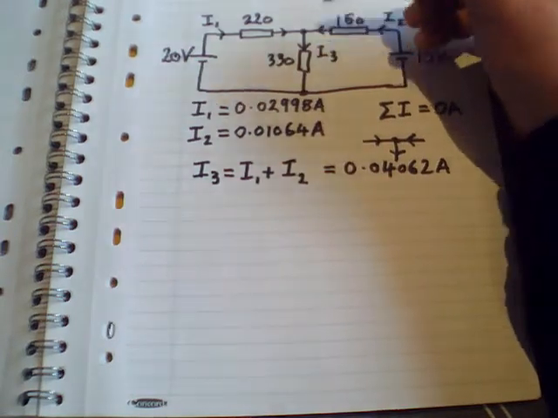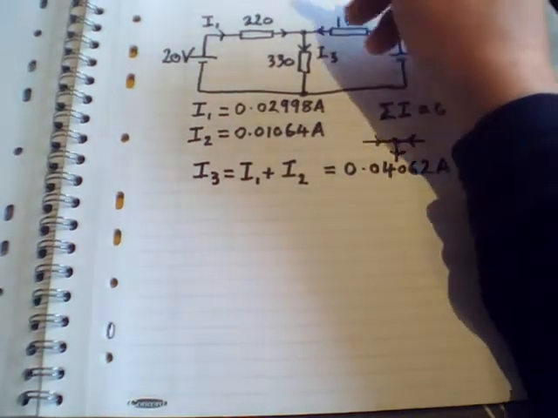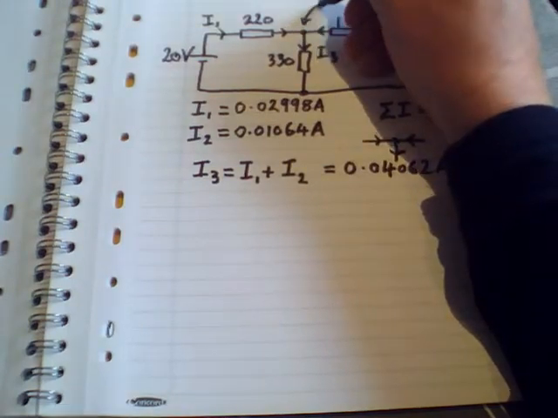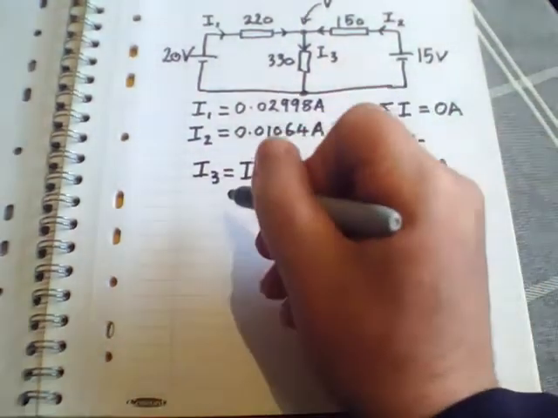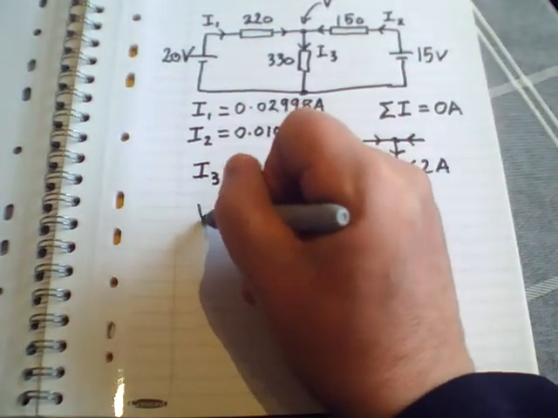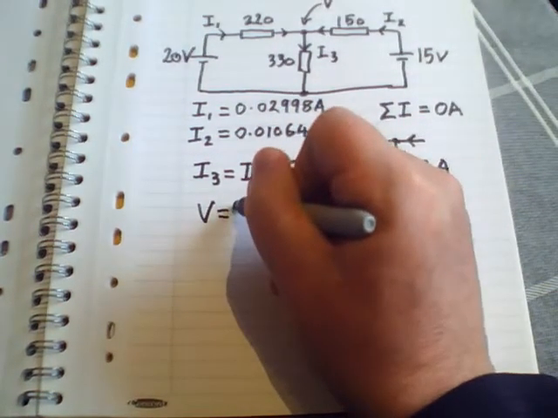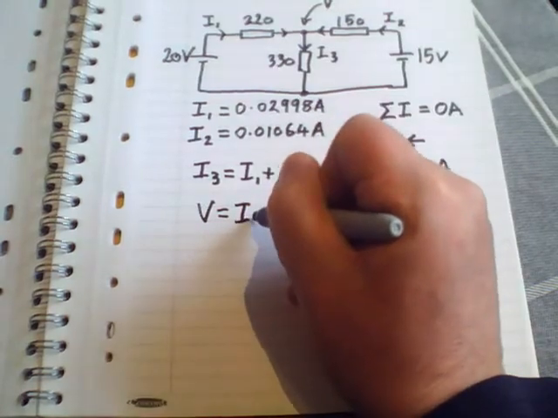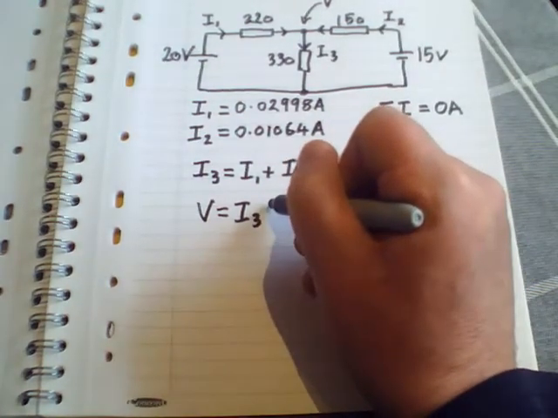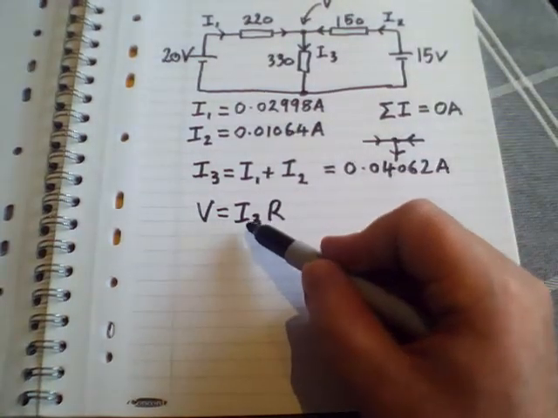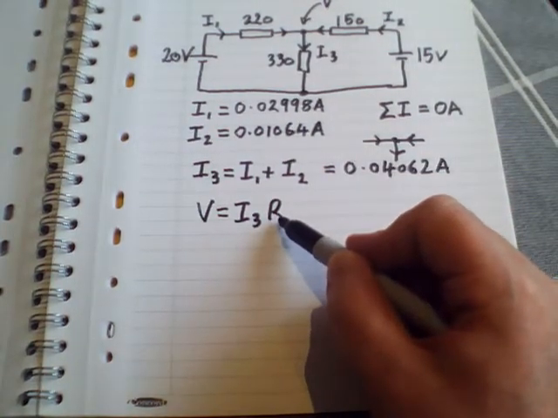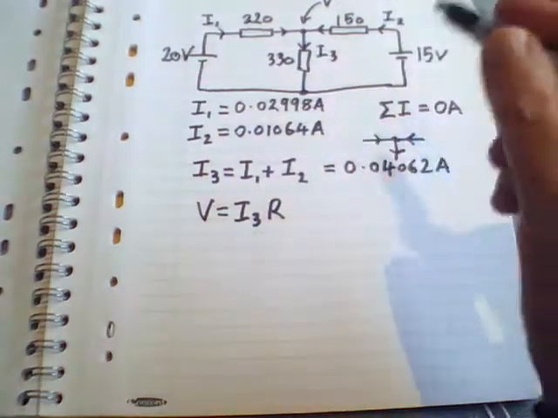So we know the current flowing through I3, we know the resistance, and we can use that information now to work out the voltage at this point here. We can do that using Ohm's law. So it's voltage equals current I3 times resistance, which is the 330.